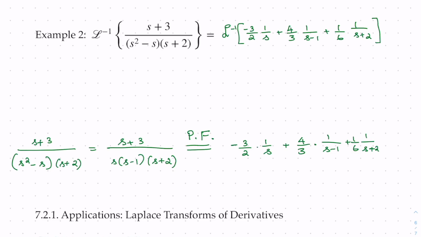This is not as simple as the one that we did earlier, by the way. The partial fraction is going to be a little bit tricky. The reason is the constants a, b, c happen to be fractions, so you're going to have to work with them. You have 3 constants, so you're going to have 3 equations and 3 unknowns.